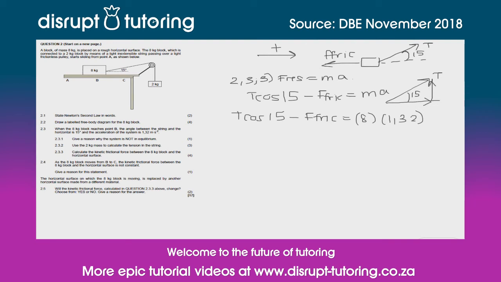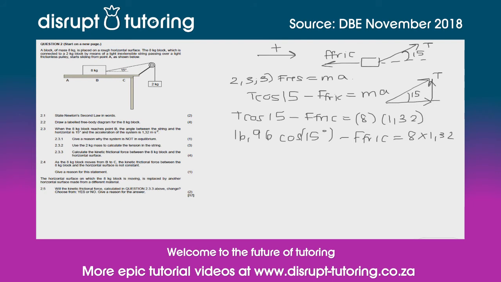And remember that tension across the whole cord is going to stay the same because there are no losses, because there's no friction in the pulley, etc. So that's 16.96, and that is going to the right, so that can still be positive. Cos 15 degrees minus F friction is equal to 8 times 1.32.